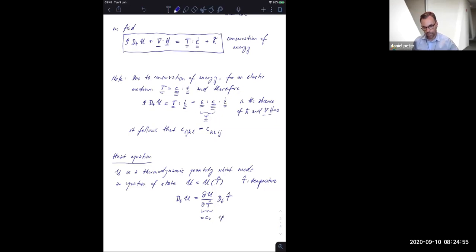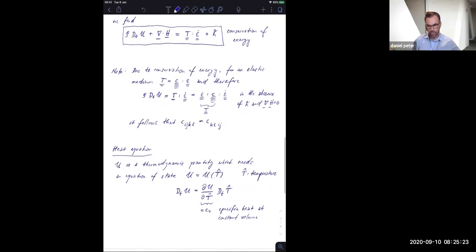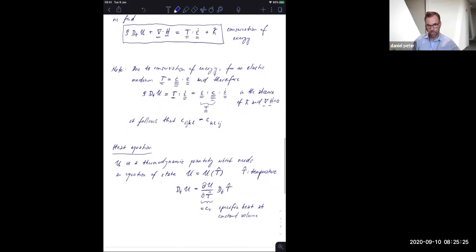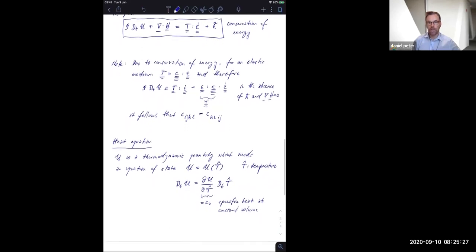So it's the specific heat coefficient, in this case at constant volume.